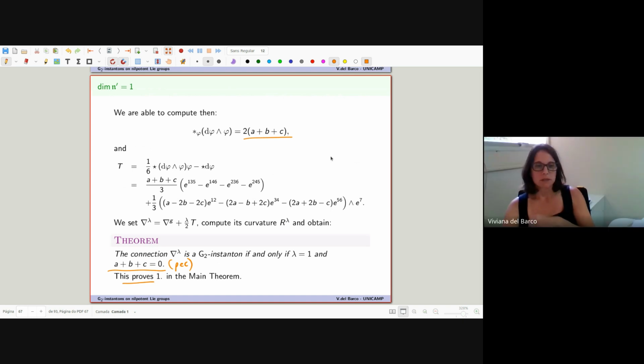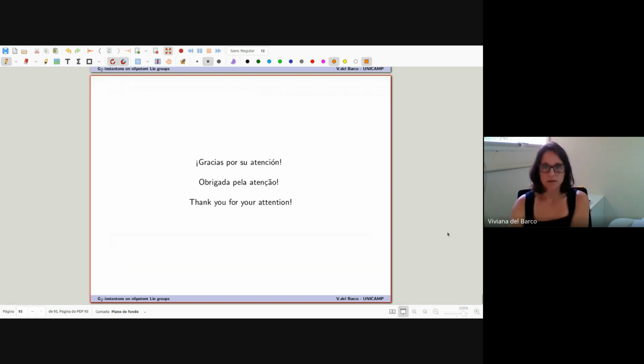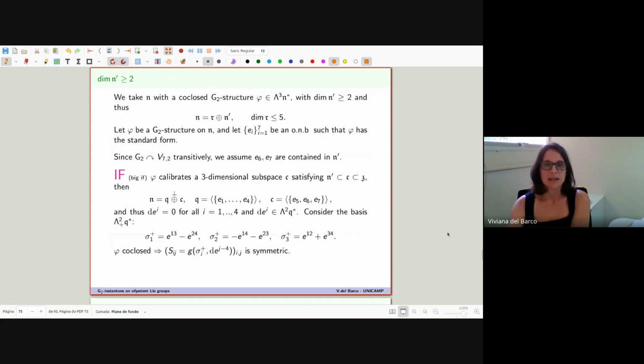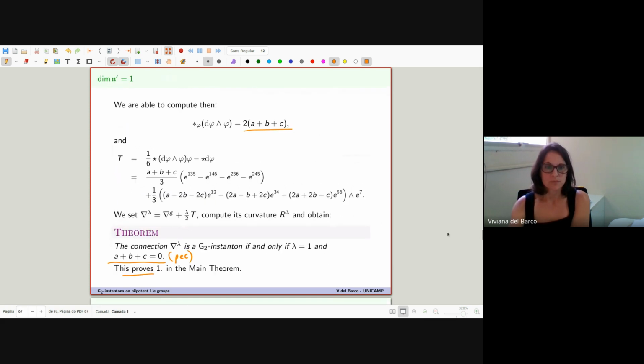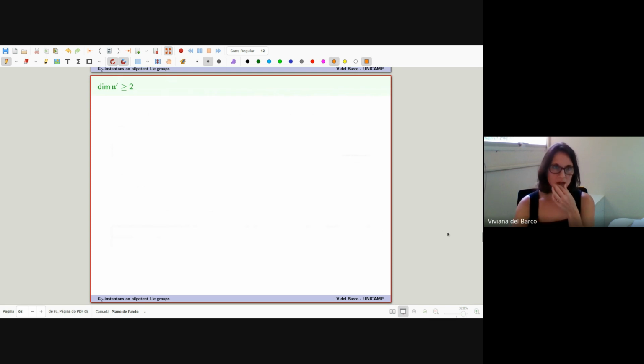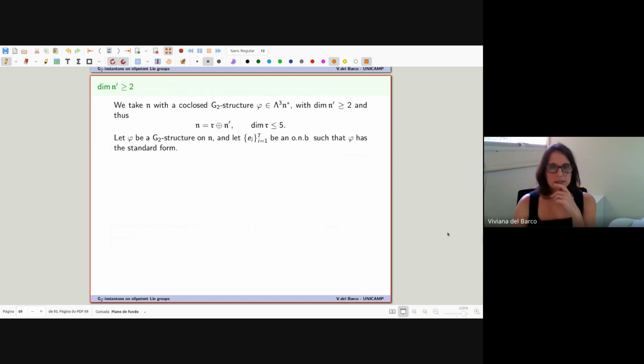So this proves the main theorem, the first point. Now I would just mention the difficulty, what happens when n prime has dimension greater than 2. Again, I restart with the Lie algebra of dimension 7, 3-form, dimension of n prime equal to 2 or 3. Remember that we cannot have more than 3. Then I take a G2 structure and a basis such that the 3-form is in the orthonormal form.